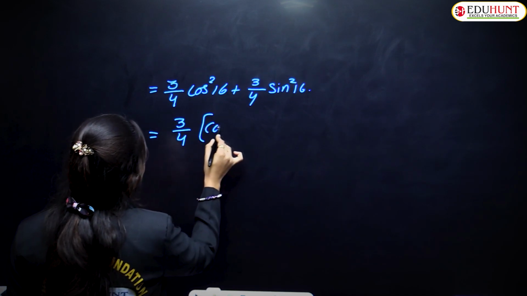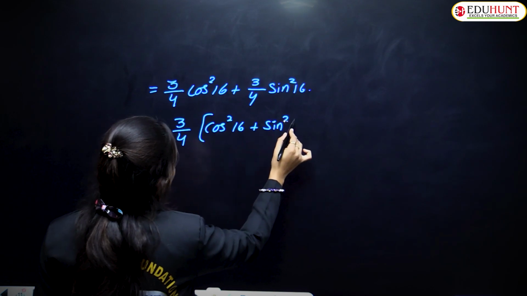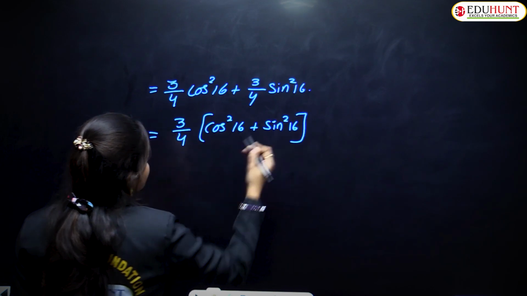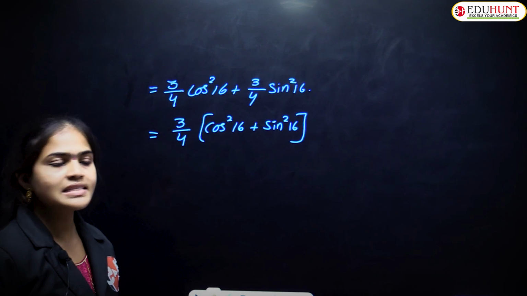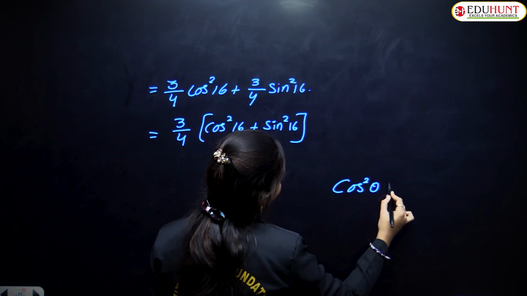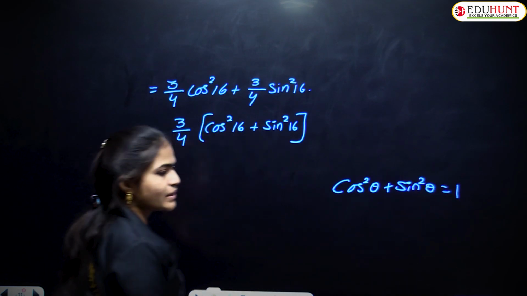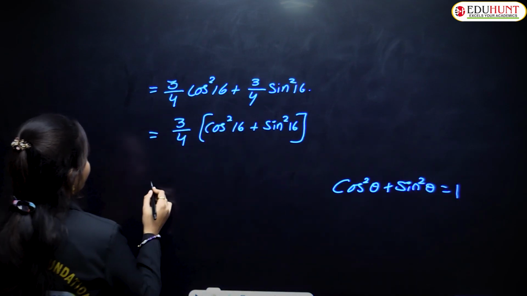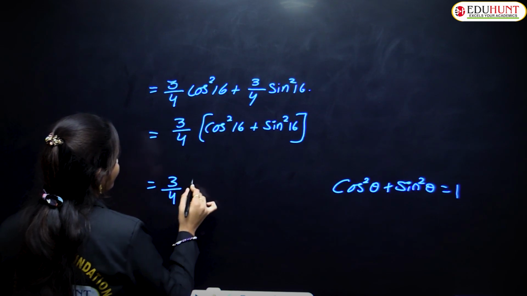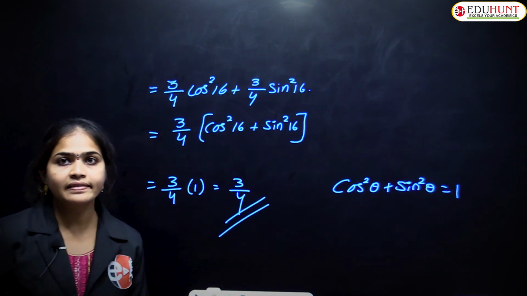From this, cos square 16 plus sin square 16 is in the form of cos square theta plus sin square theta, which is equal to 1. So 3 by 4 into 1 equals 3 by 4. So the answer is 3 by 4.